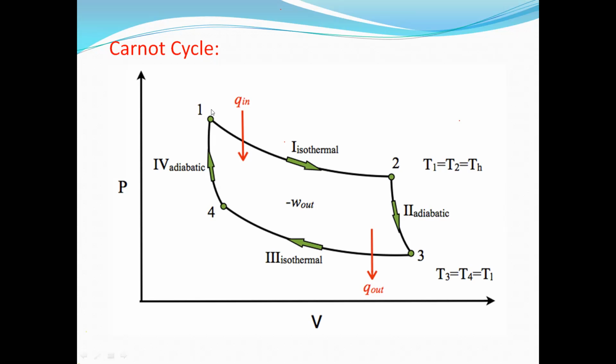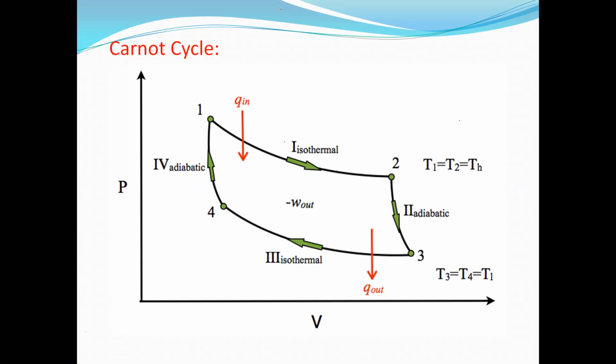First is the isothermal expansion, from first to second. Second, adiabatic expansion. Third is the isothermal compression, from third to fourth. And the fourth one is adiabatic compression, from 4 to 1.